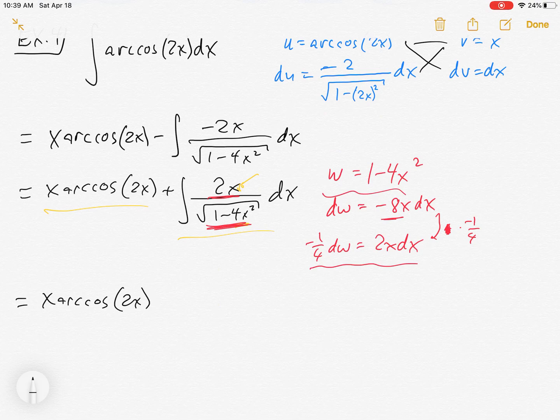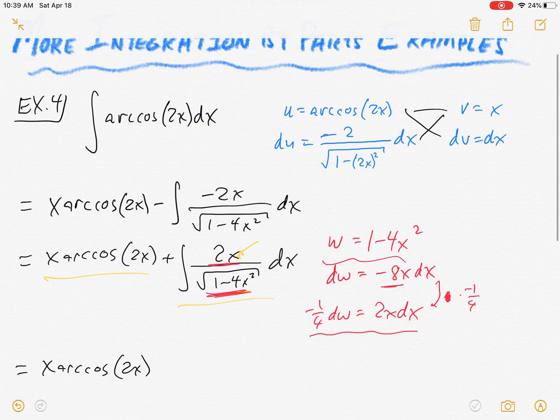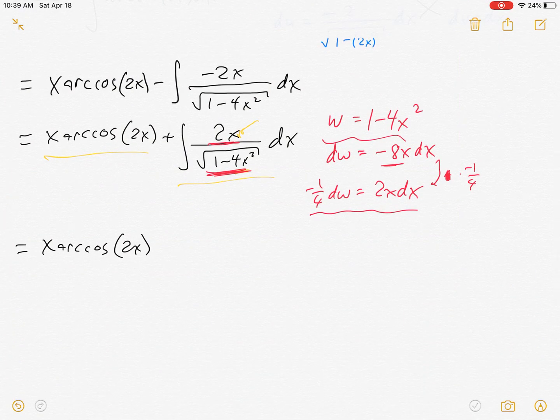Let's go back to our standard black color. So this is now, I'm going to move that minus 1/4 all the way out to the front, if that's okay. And what I have left over is just 1 over square root of w dw.